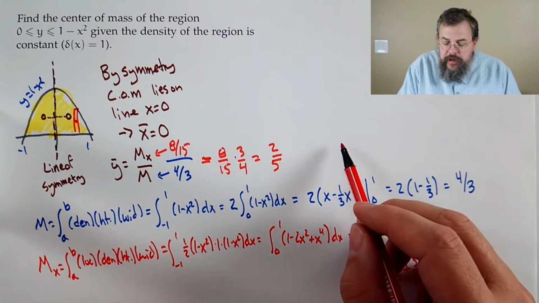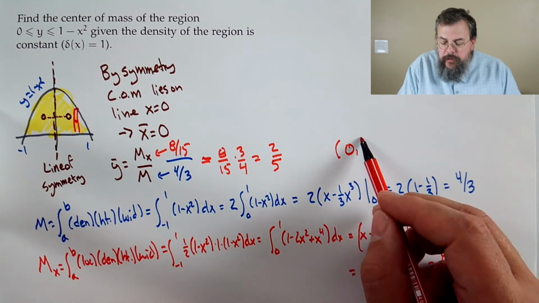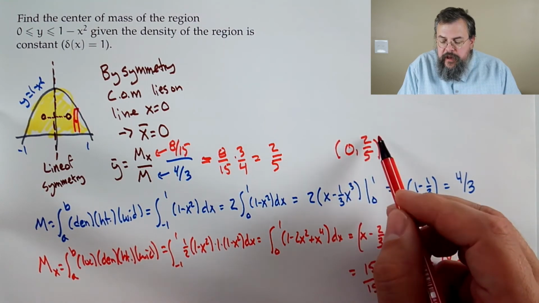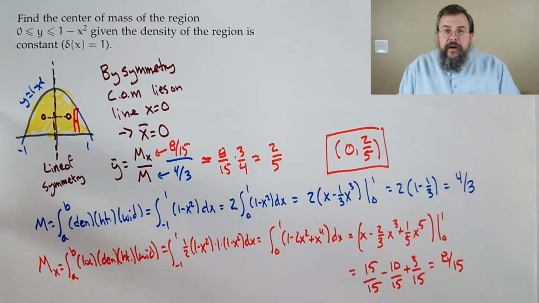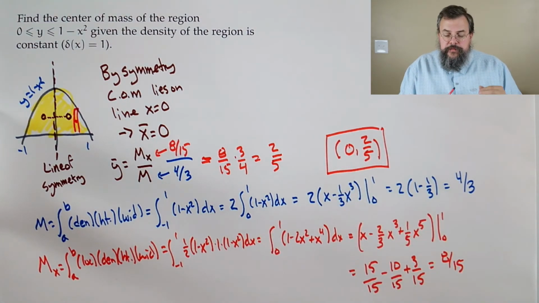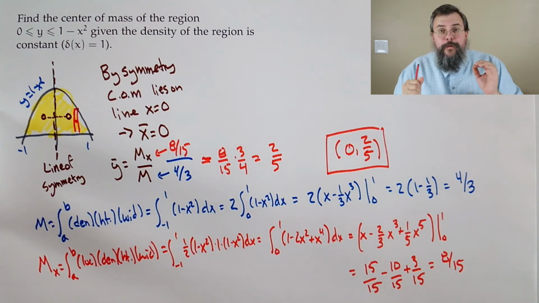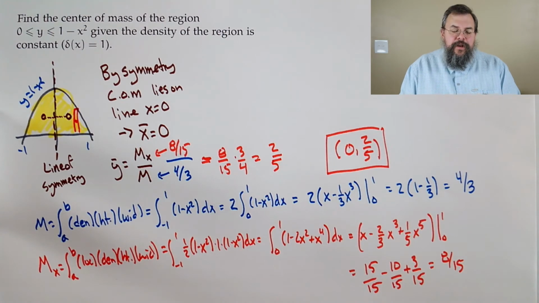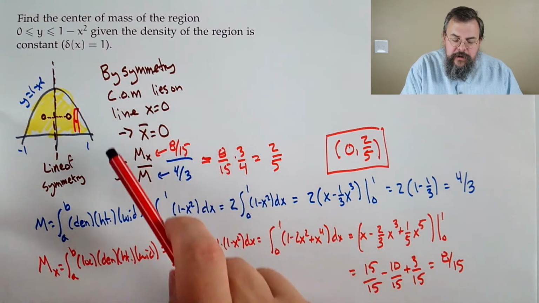But the important thing is the x coordinate is different. And the moral, if you compare this problem and the problem we did just before this one, is that we really love when there's symmetry, because it really saved us a lot of work.